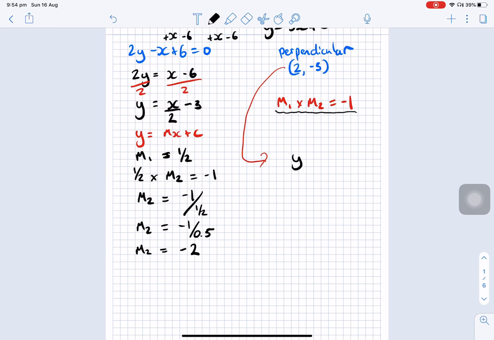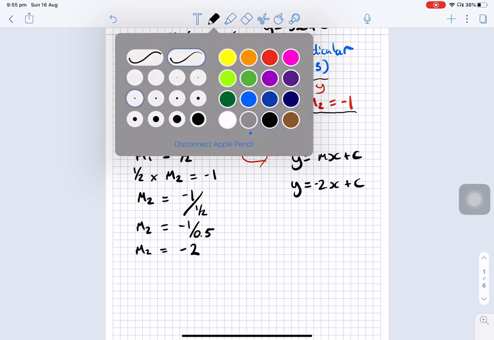We can find c by subbing in these values, which I'll do over here. So we're dealing with y equals mx plus c. We found that our mx equals negative 2x. So y equals negative 2x plus c. And then we can sub in these values up here, always remembering x and then y for our values.